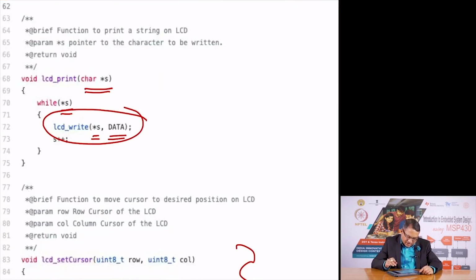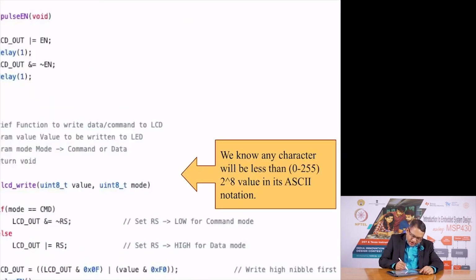Here is the LCD write function here. In the LCD write, before that let me mention that in our program we have chosen to use a variable of the type uint8_t. This means unsigned integer of a size of 8 bits, which is not very different from unsigned character.